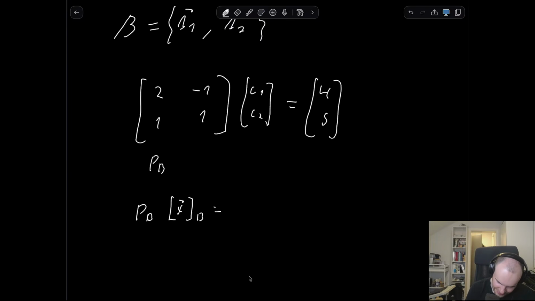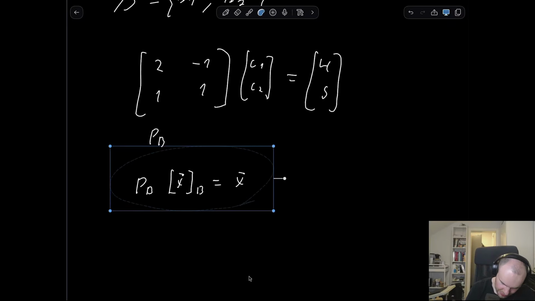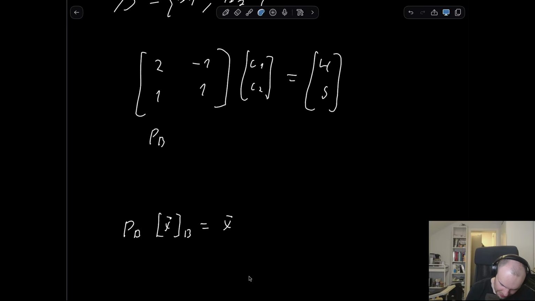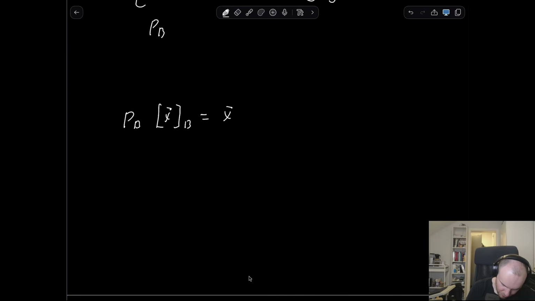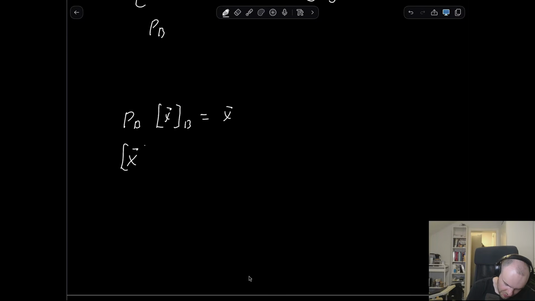And that's equal to, of course, X. Now by the invertible matrix theorem, as you see from here, if I did the inverse here, I would just get [X]_B, which is what we are looking for. Our X with respect to B is just the inverse of P_B, and then just run X through that machine, and then we'll get the answer.